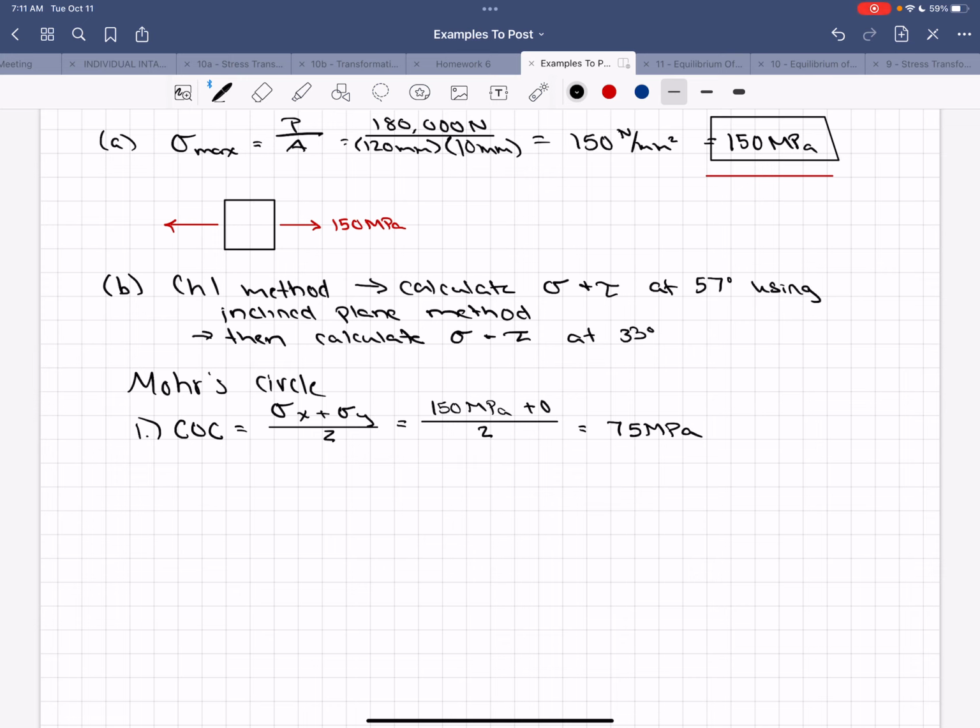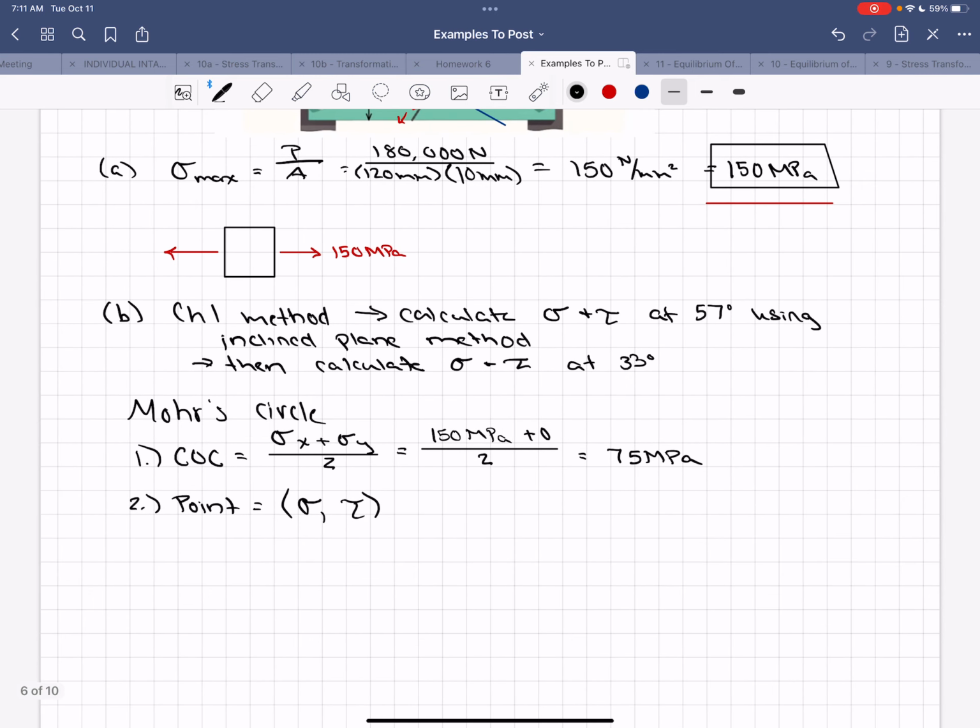Okay, step 2 is to identify a point. A point is a combination of a normal stress and a shear stress.